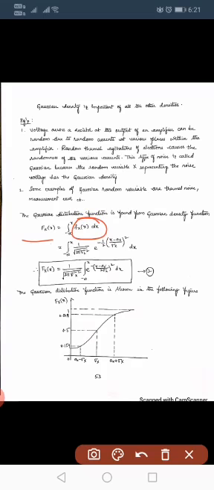Now substitute fX(x) here, and we get the distribution function capital FX(x), this one: 1 by square root of 2 pi sigma x square, integral from minus infinity to x, e power minus (x minus ax) whole square by 2 sigma x square, dx. So this is the Gaussian distribution function curve.